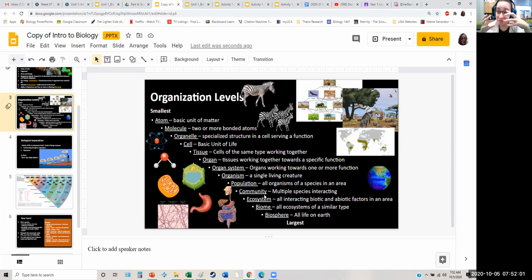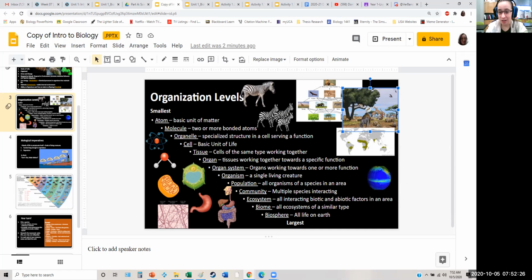Then we have multiple ecosystems coming together, which is called a biome. And oh, here's our picture of an ecosystem, right? I think that's what we did on Wednesday, you had a subplan and it was showing a picture of an ecosystem.